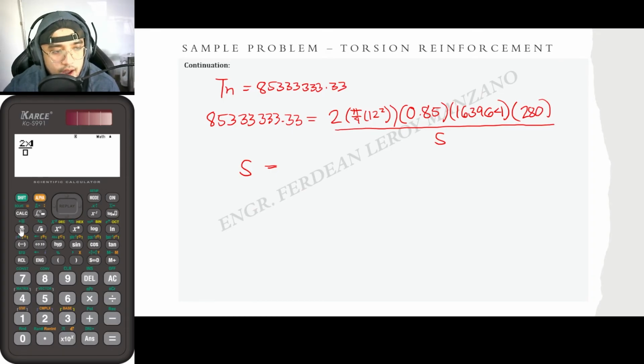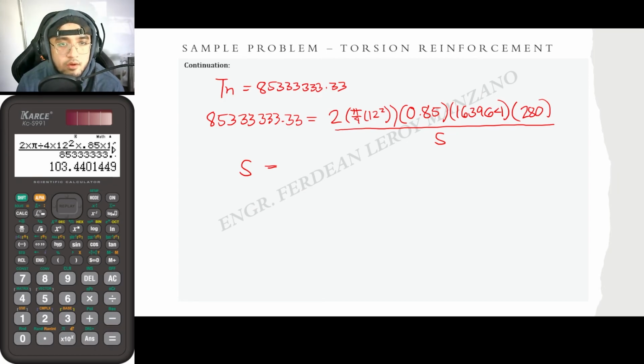Once again, 2 times pi over 4 times 12 squared times 0.85 times 163,964 times 280 divided by 85,333,333.33. So the spacing required for the torsion is equal to 103.44 millimeters.